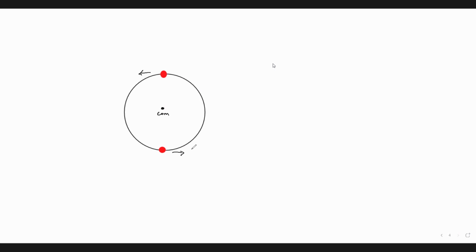Okay. Now, what information are you given? You're given the radius of this circle is r. And for part A, we want to know the gravitational force of one star on the other.